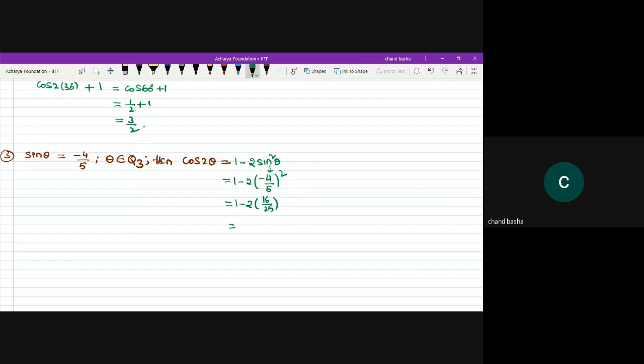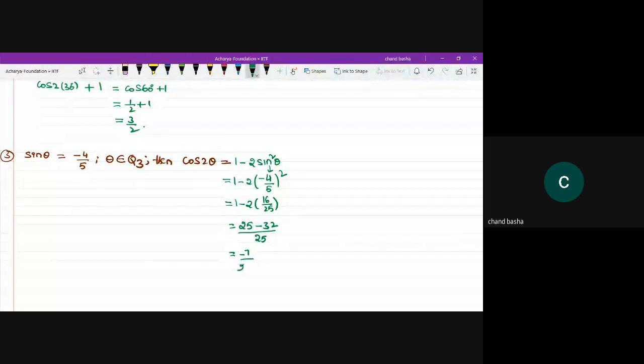Take LCM: 25 minus 16 into 2, that is 32, divided by 25. As you said, minus 7 by 25 is the correct answer.